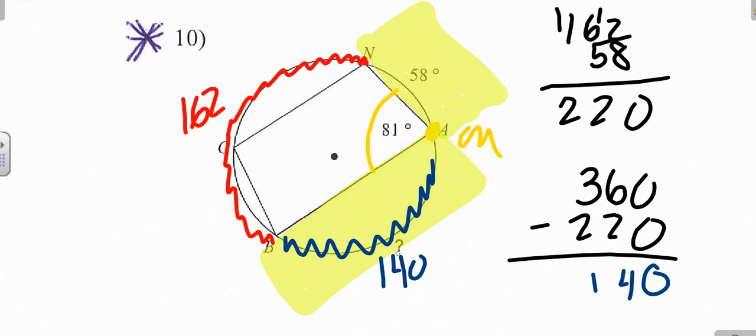Now, you just find everything possible and then look what it's asking for. Well, we just found the 140, but you could also find this, and that would be 180 minus 81. Of course, this would be 99 because they add up to 180.